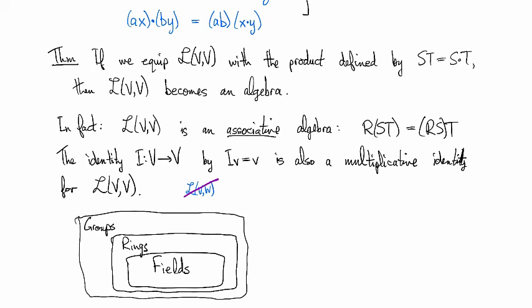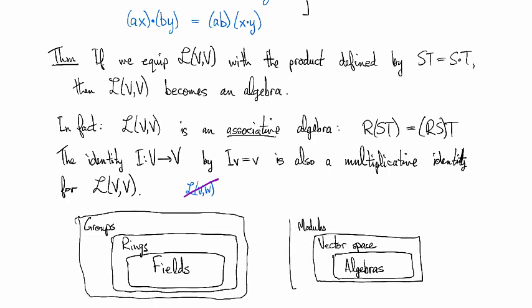And then, over here we have something sort of similar going on, where in the most general case we have these things called modules that you don't ever talk about outside of a grad class typically. And then we have vector spaces, which is the special case of a module where the scalars come from a field. And then you have algebras, which are a special type of vector space where you can actually multiply together vectors.